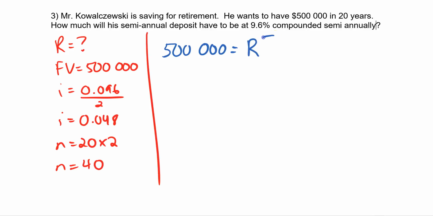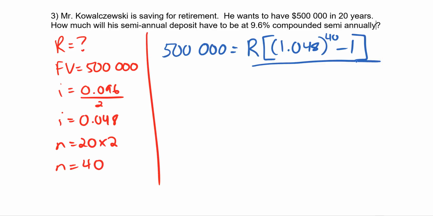But now I can solve for R. So it's kind of like the questions where we had to solve for the first term in a geometric or arithmetic sequence or series. So 1.048 to the power of n, subtract 1, and then divide by I, 0.048. So now I can try to solve for R.